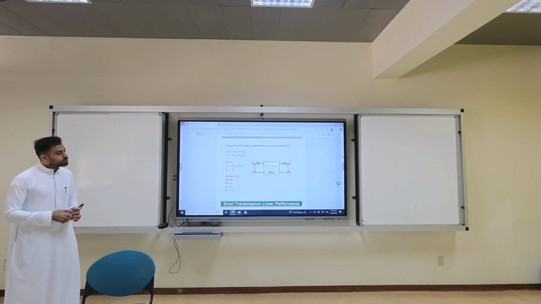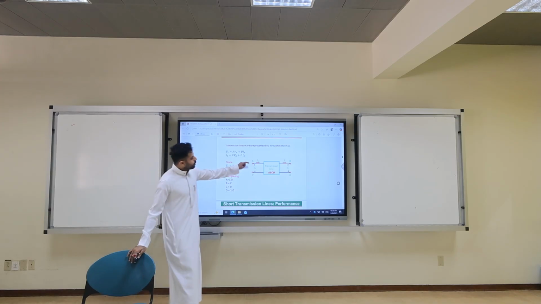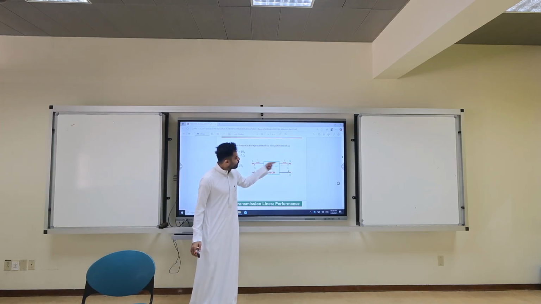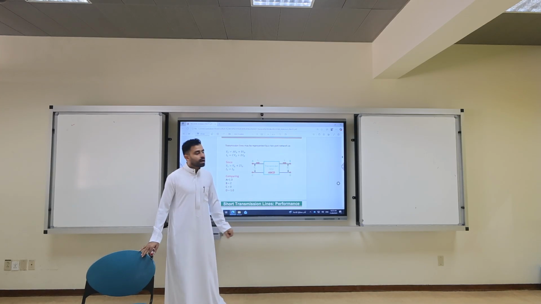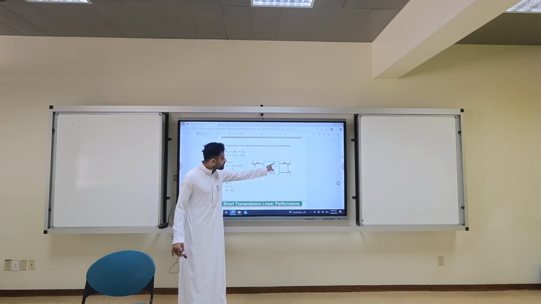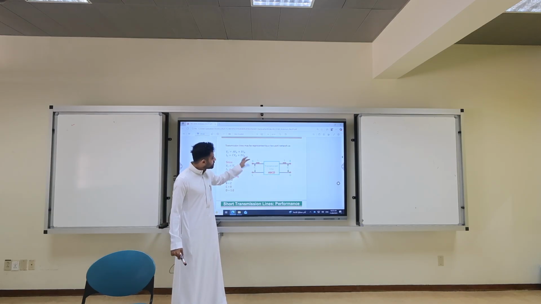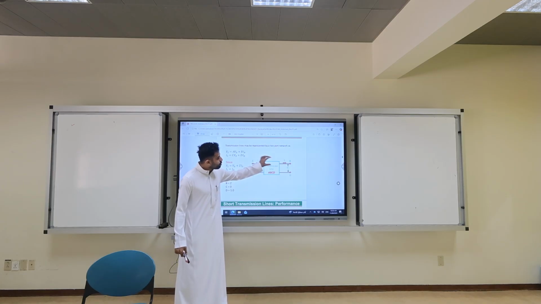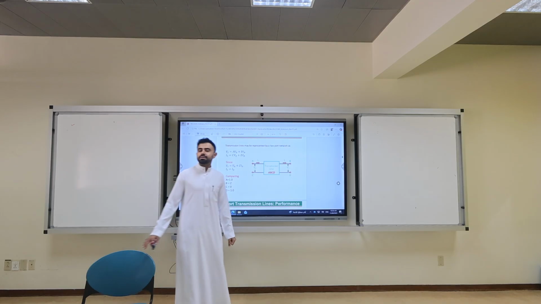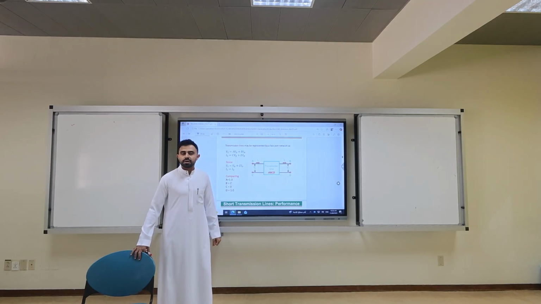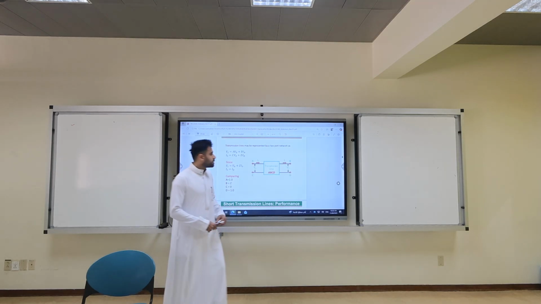In the two-port network, we have voltage and current entering, voltage and current leaving. And this network will govern the relationship between the input voltage and current and the output voltage and the output current. Do you remember the matrices?